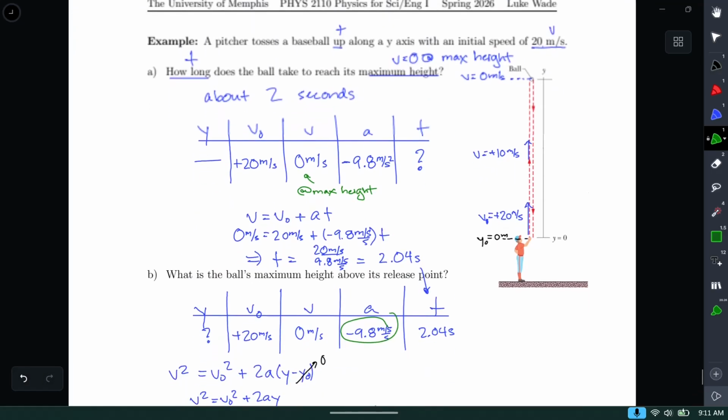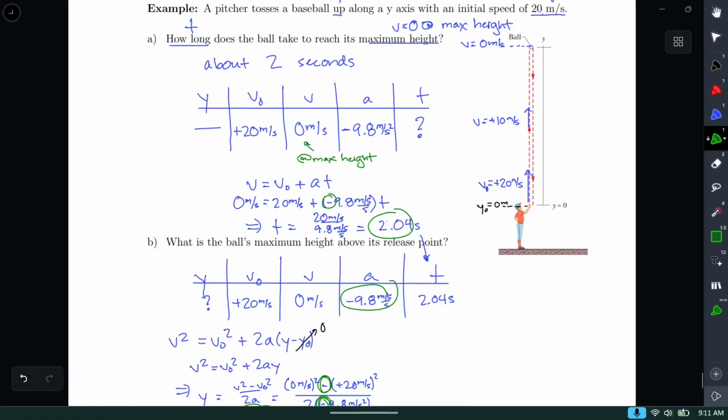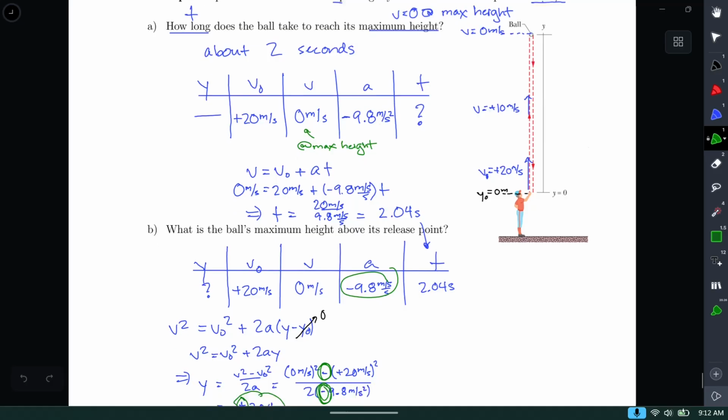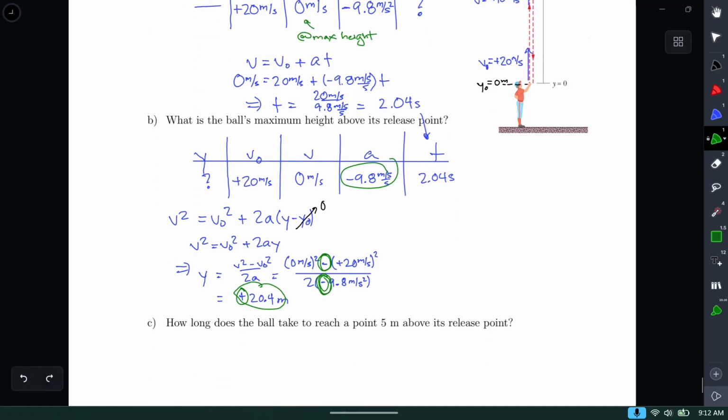Similarly up here, if I hadn't used negative 9.8, I would have gotten that it takes negative time for the ball to reach maximum height. Again, a little concerning. So it's important to keep track of signs not just for physics, but for your own sanity. Because if you do a problem and you find out it takes negative time to do something, I think you'll be a little concerned. So keep track of your signs with this stuff.